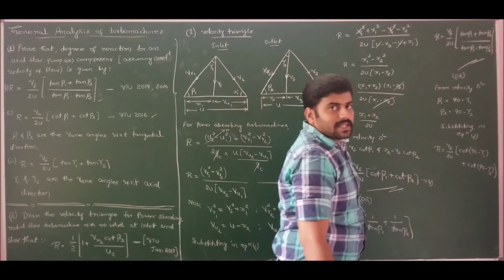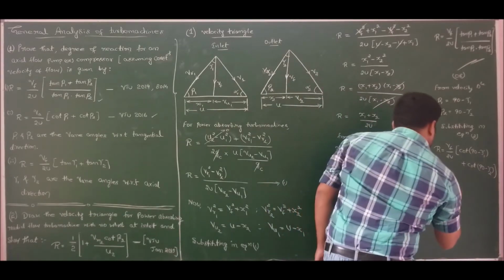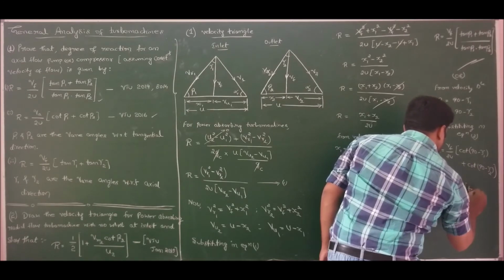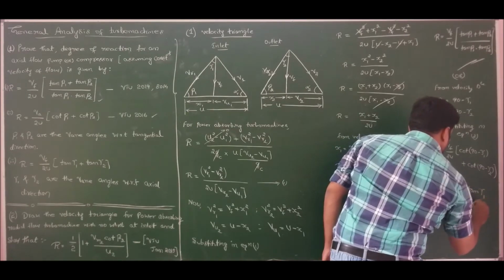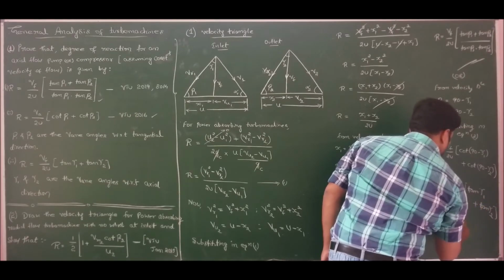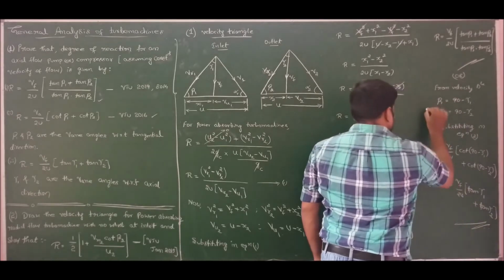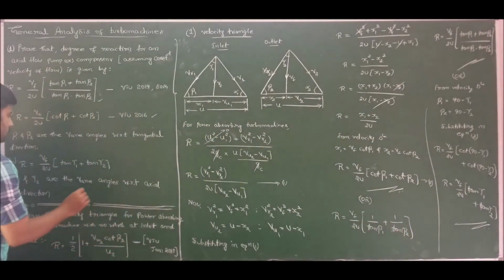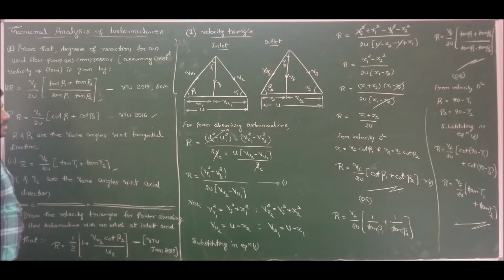Cot of 90 minus theta is tan theta, so R is equal to Vf by 2u times (tan gamma 1 plus tan gamma 2). So this is the third proof.